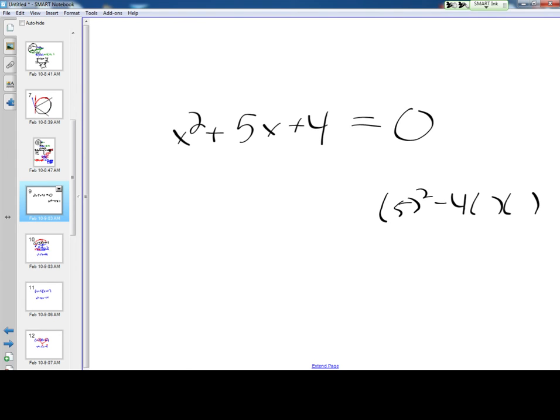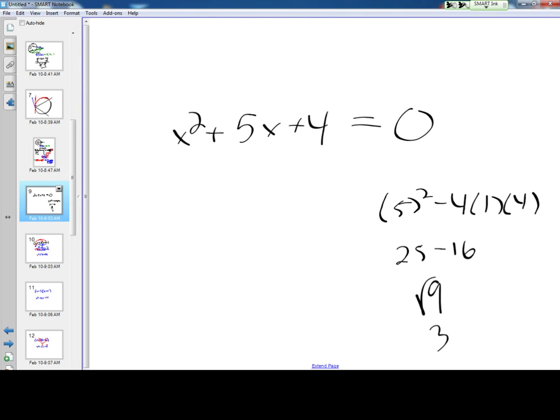That would be 1 and 4. So 25 minus 16 is 9. There's a square root of 9, which is 3. 3 has nothing to do with the factoring of this. All I know is that this is factorable, and I can factor it. The fact that the square root of 9 is 3 will not help me here at all. All it's telling me is I can factor this bad boy.